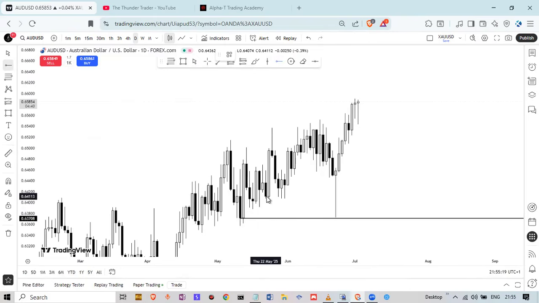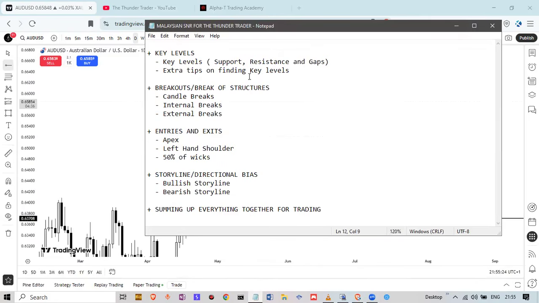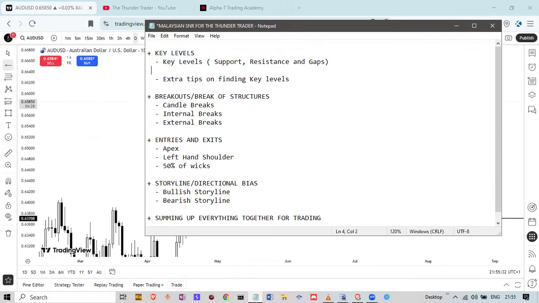I didn't talk about fresh level and unfresh level. I don't know how I skipped it. I should have written it here. Fresh levels and unfresh levels.